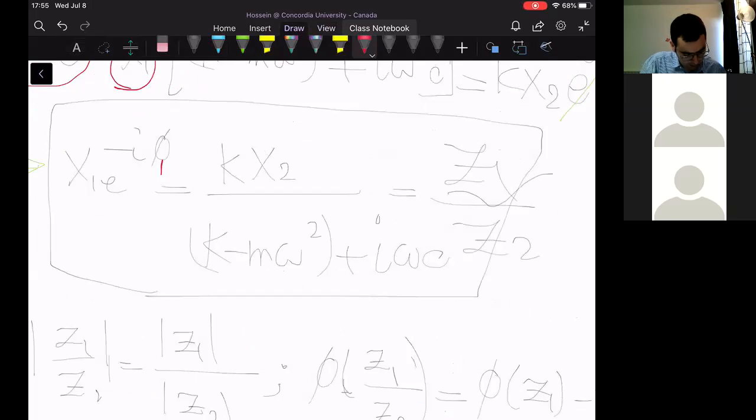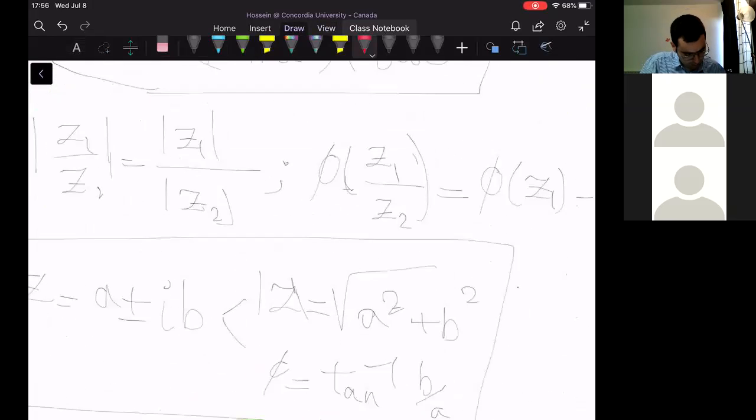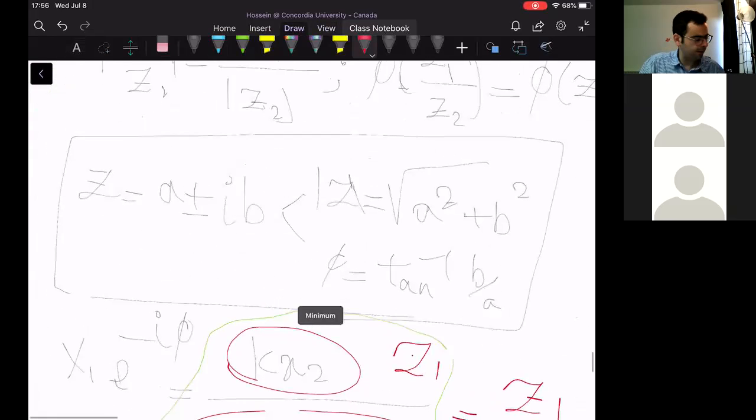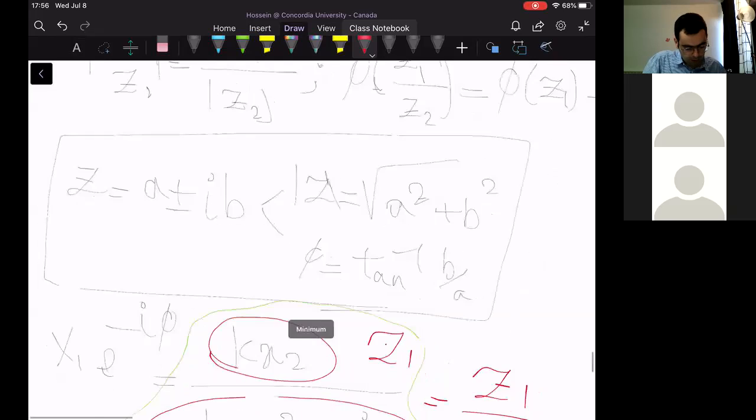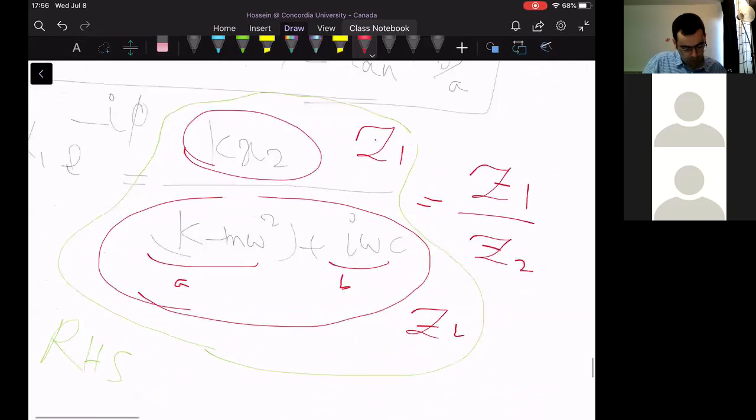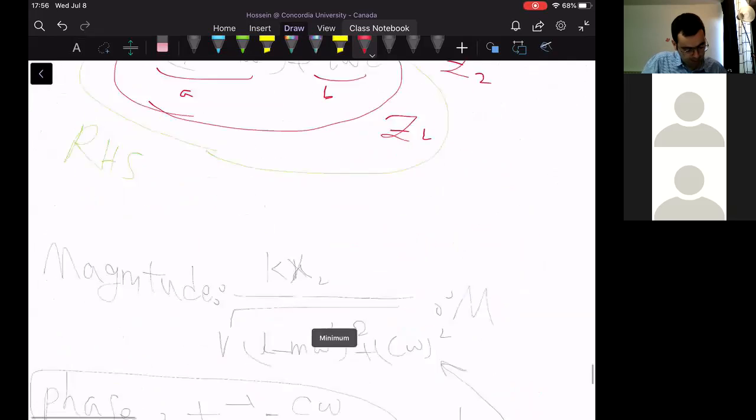So we know that for any complex number a plus i b, the magnitude is the square root of a squared plus b squared, and phi is the inverse tangent of b over a. So for the right-hand side, Z1 over Z2, I applied phase and magnitude.